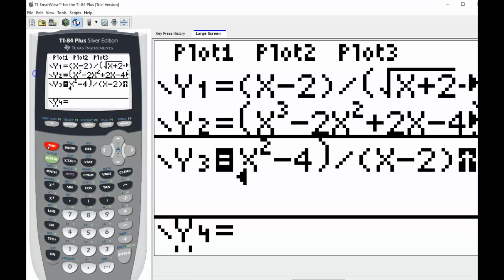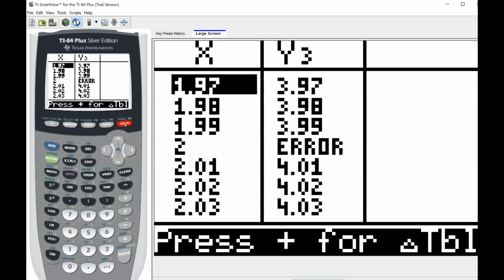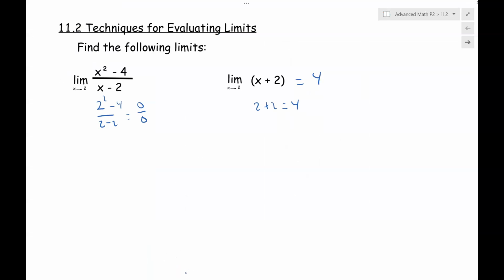Okay, again, we go to the table. Probably my table set is already good. Yeah, it is. And what do we notice here? Well, we can see that it's going down towards 4, and as we go this way, we're going towards 4 as well. So we notice that the answer here is 4.